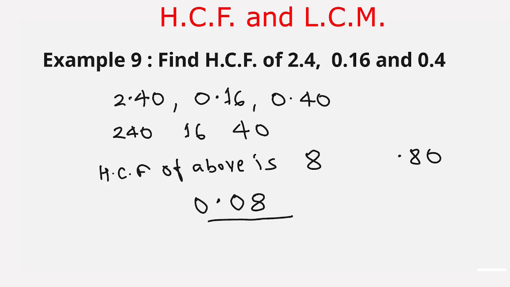This is our answer. I hope you have understood finding the HCF of decimal fractions. We go to next question in which we will find LCM of decimal fractions. Again we will do the same steps, so it will be more clear to you after seeing the next example.